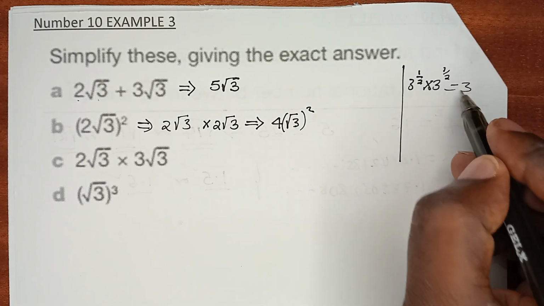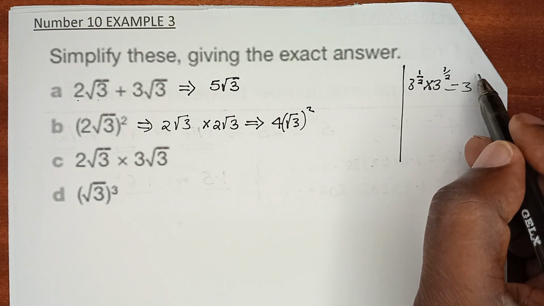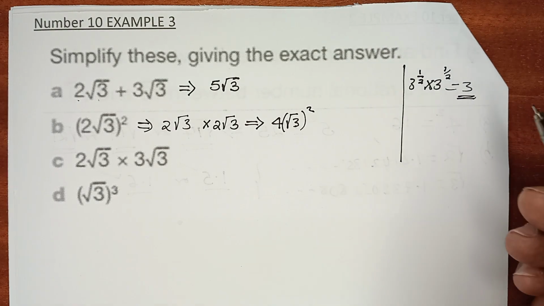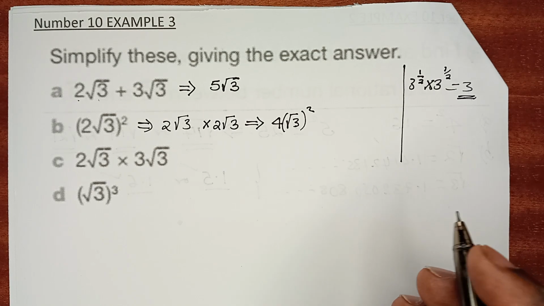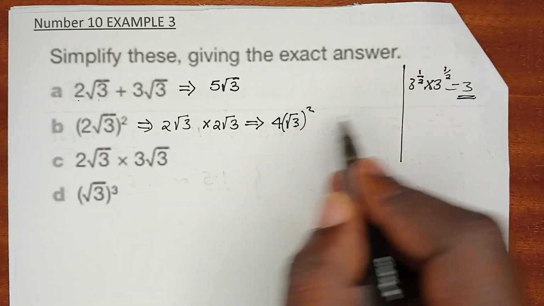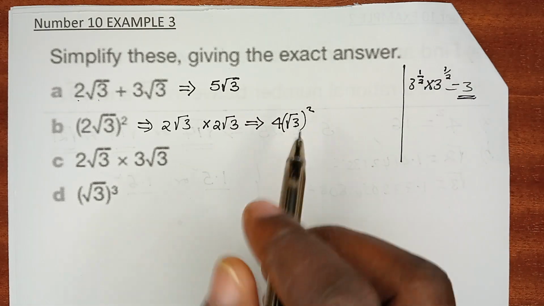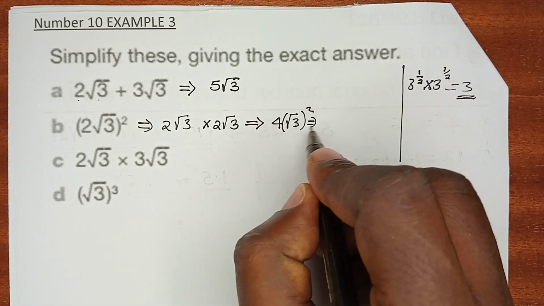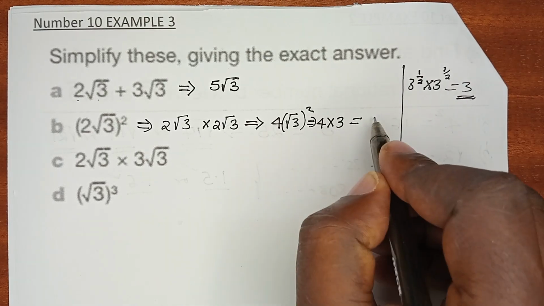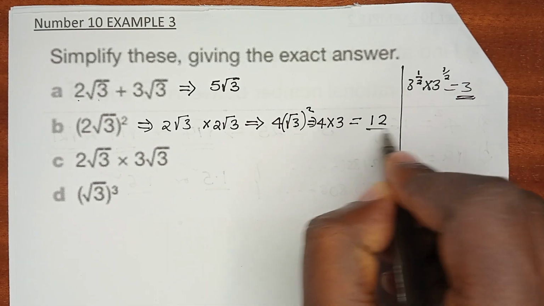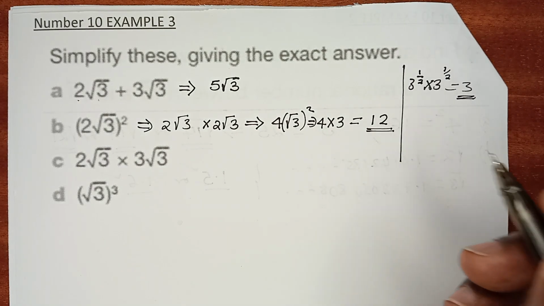This is 3 raised to power a half plus a half, which is 1, which is basically 3, according to the first law of indices. So root 3 squared is simply 3. Then this becomes 4 times 3, which is 12. And that is the answer to part B.